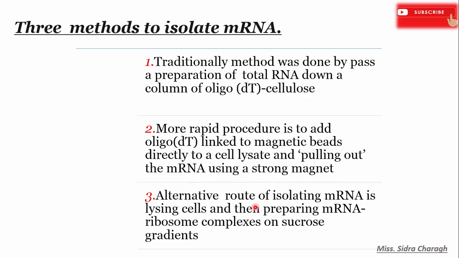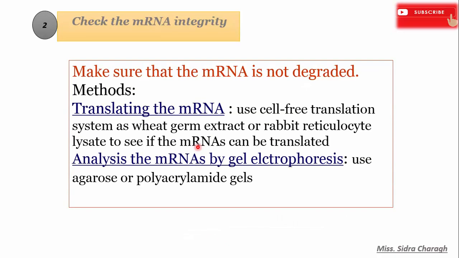An alternative route of isolating messenger RNA is lysing cells and then preparing messenger RNA ribosome complexes on a sucrose gradient. After messenger RNA isolation, we check the integrity of messenger RNA. Make sure that messenger RNA is not degraded. 2 methods are commonly used.